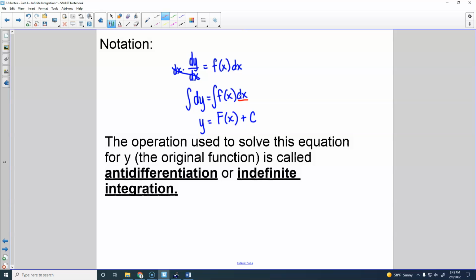It's not mathematically correct to say this, but it will help you remember. You can think of it like dx, when you integrate, gets replaced with the plus c. Technically, mathematically, that's not what's happening, but if you think of it like that, you'll get the answer right.